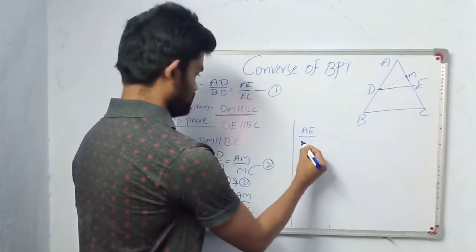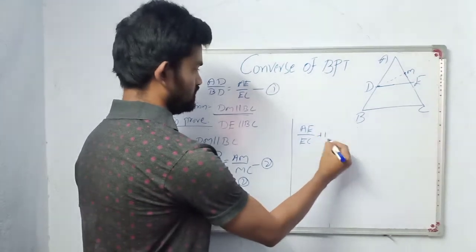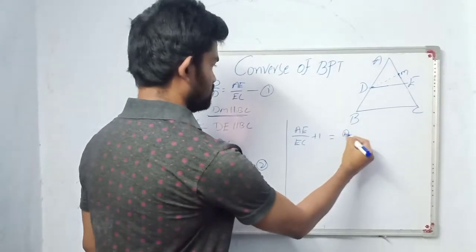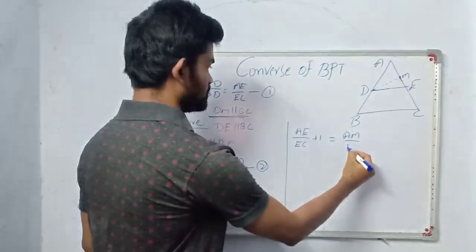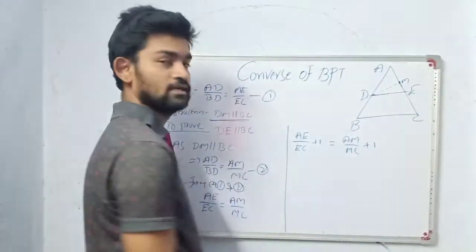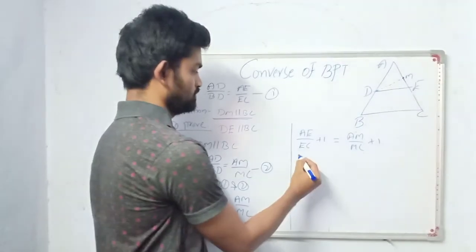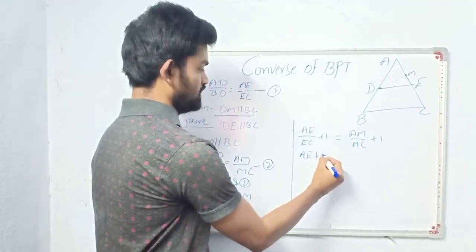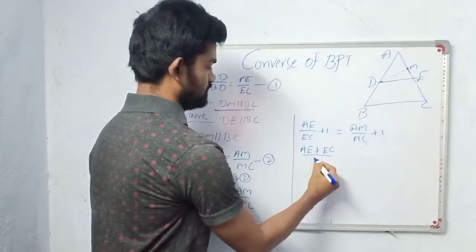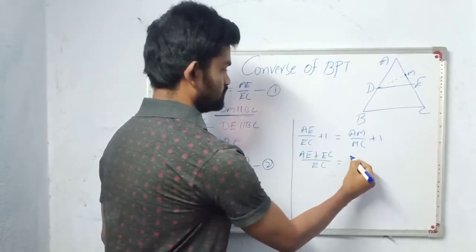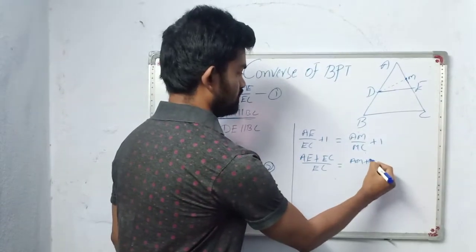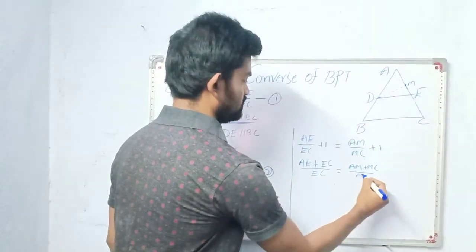That is AE by EC plus 1 equals AM by MC plus 1. Let's do LCM. AE plus EC by EC equals AM plus MC by MC.